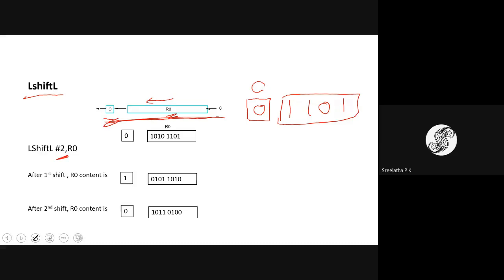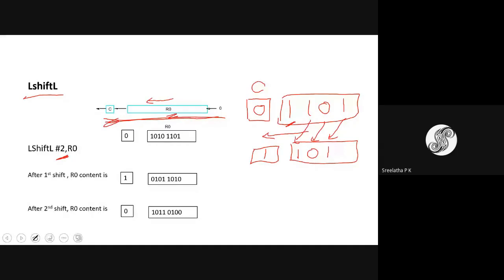When I am shifting to the left, suppose it is left shift by 1, whatever content is there in the MSB is moved to the carry bit, followed by the remaining bits moving up one position.